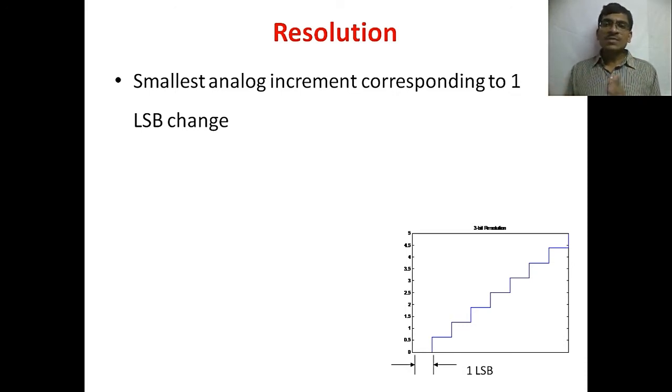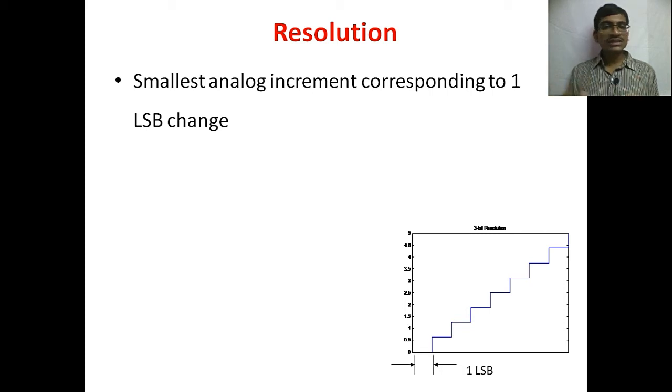If the LSB, which is 0, is changed to 1, that means 101. Then what is the change at the output side? What is the change in the analog voltage? Suppose it is 1.5 volts, then the LSB value is the 0.5 volts increment.